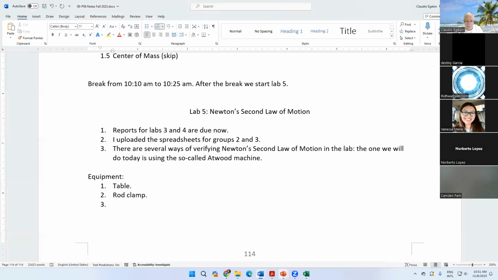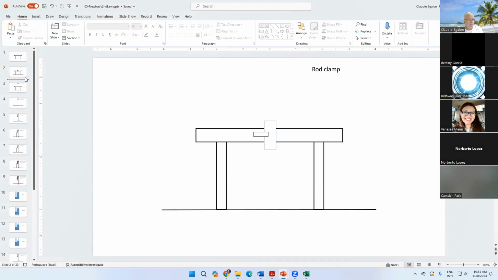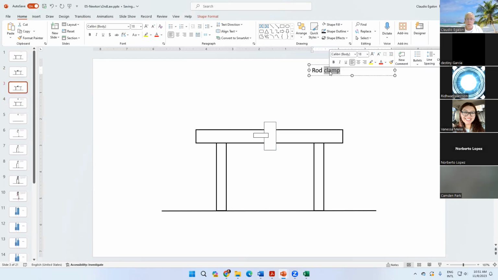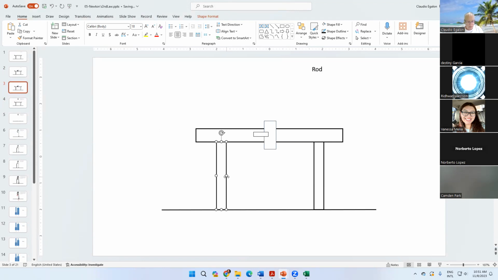Next is going to be a rod. I'm going to copy this one here and use it as my rod. Kind of small, okay, like that.